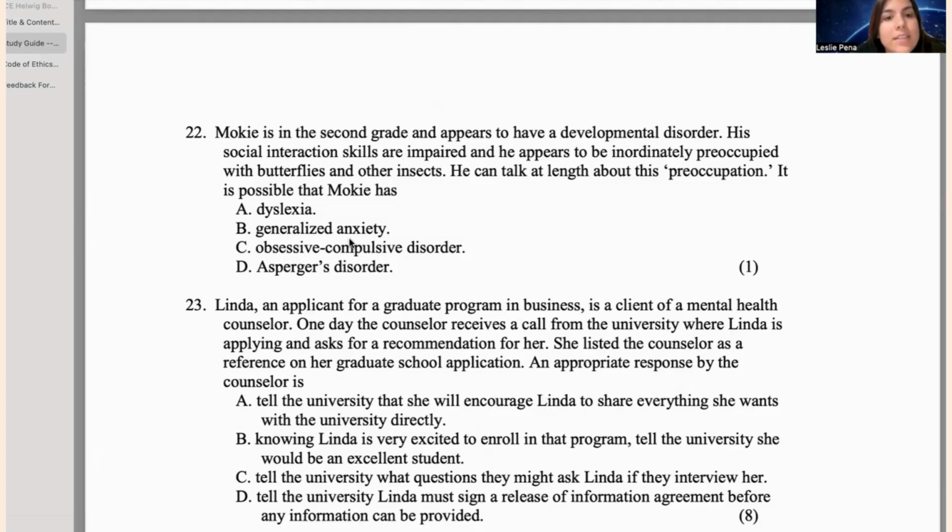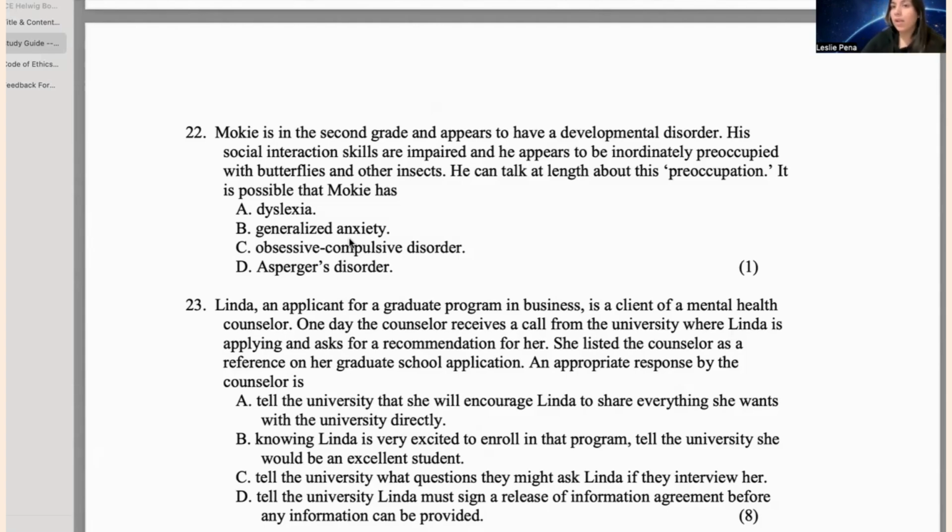So this sounds like Asperger's disorder to me. Dyslexia, he would be struggling with vocabulary, with words, with numbers, mixing them around. Generalized anxiety, he would be having problems dealing with normal life things, be occupied with worrying thoughts all the time.